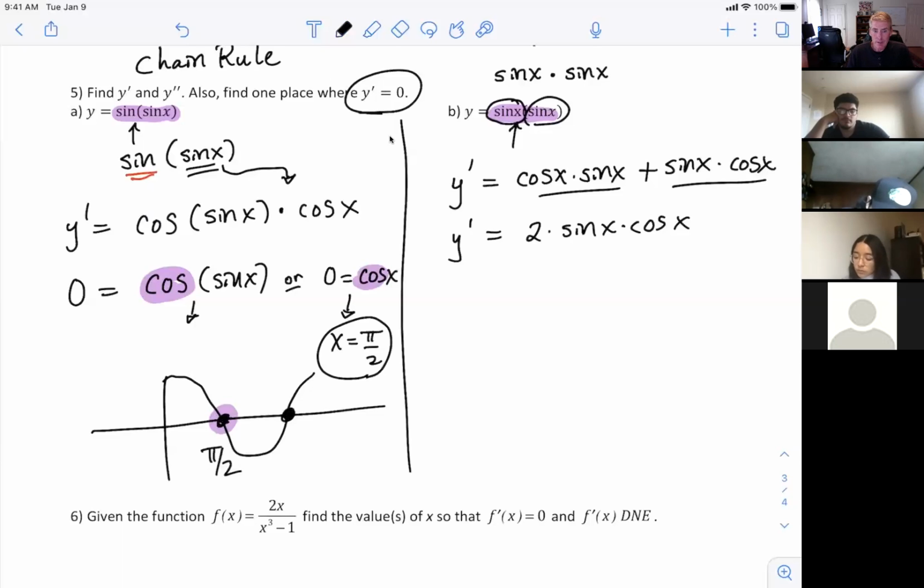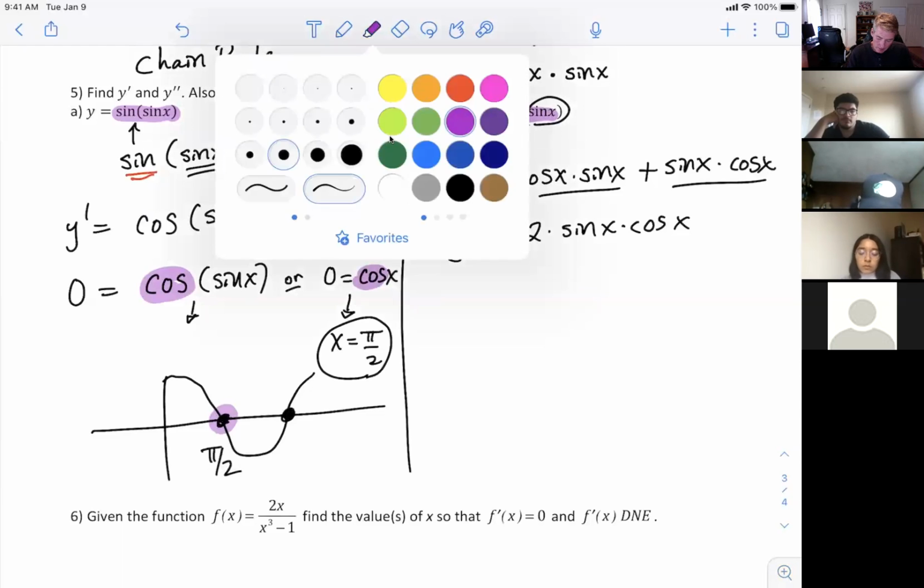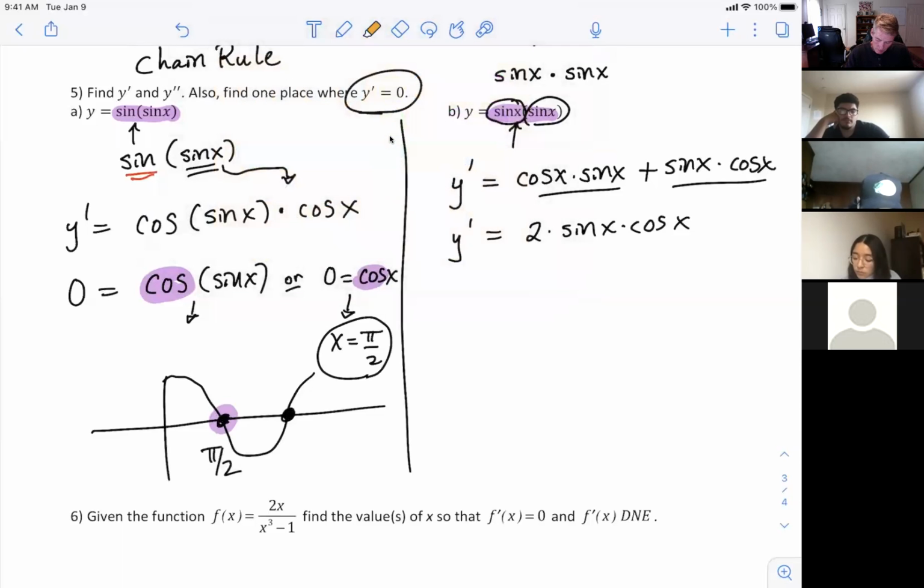And I did say find just one answer, but I just want to show you real quick. I was saying if x equals pi over 2, then that's where the derivative equals 0. With this one on the left, I would have to say, okay, it's pi over 2, but that means the inside part equals pi over 2. So that means I would have to put sine of x equals pi over 2.